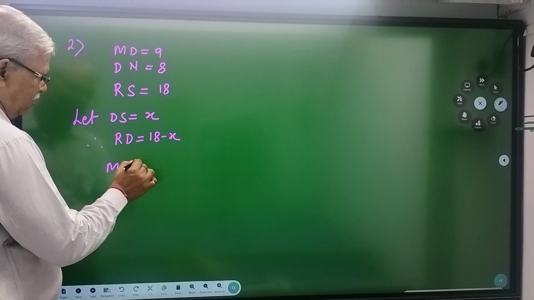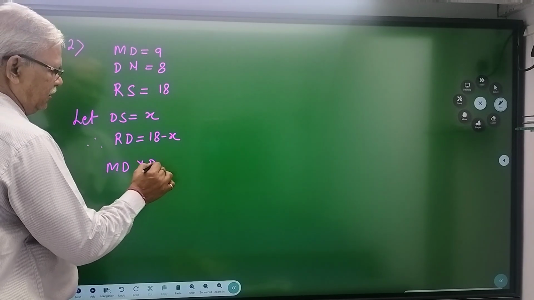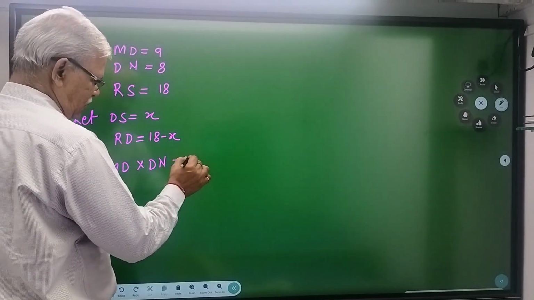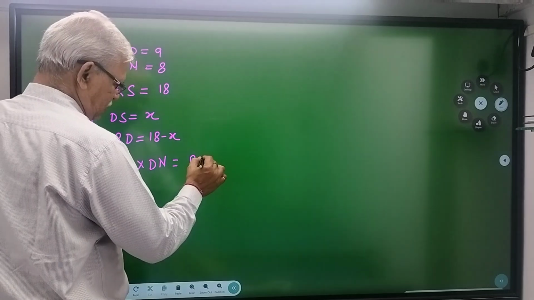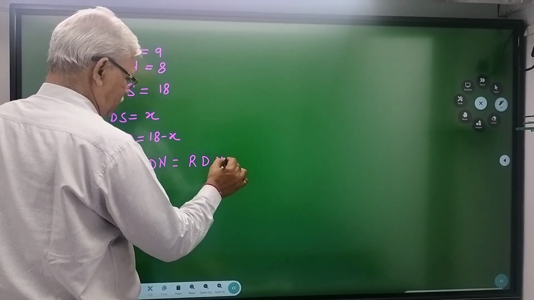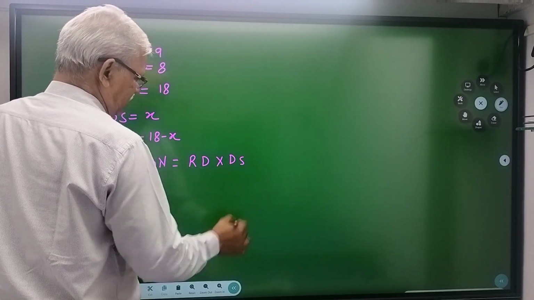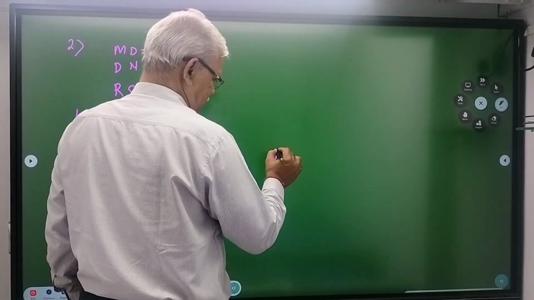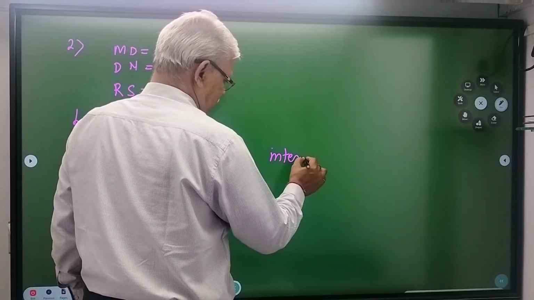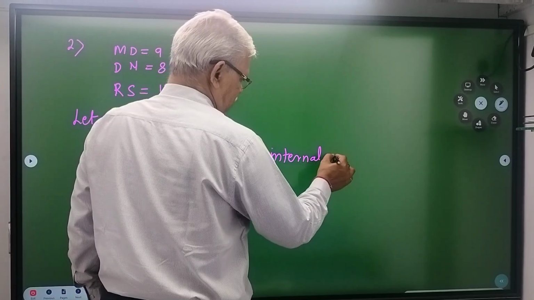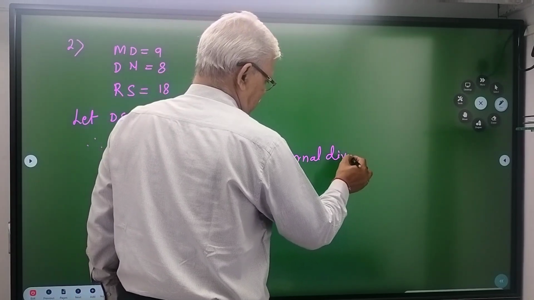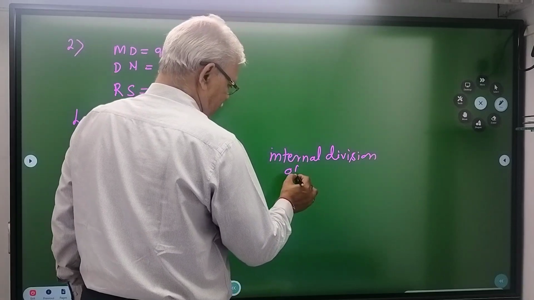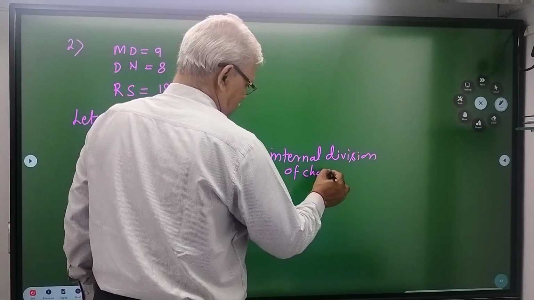Now we will use the theorem here, that is MD into DN is equal to RD into DS. That is the internal division of chords.